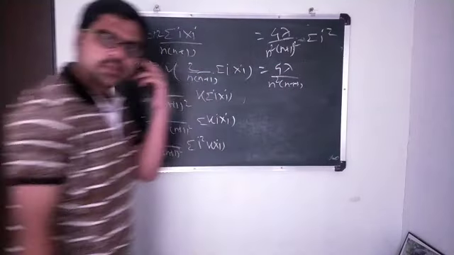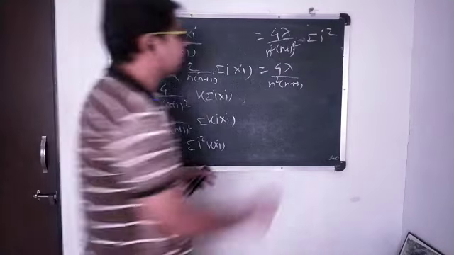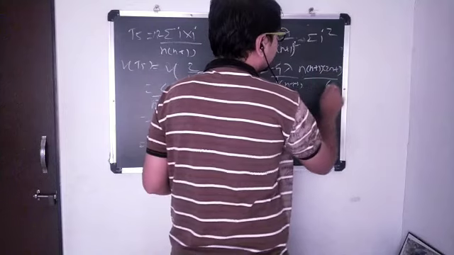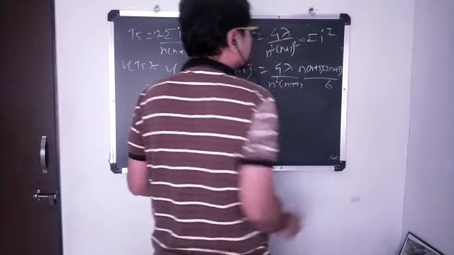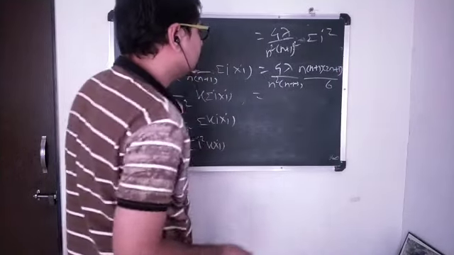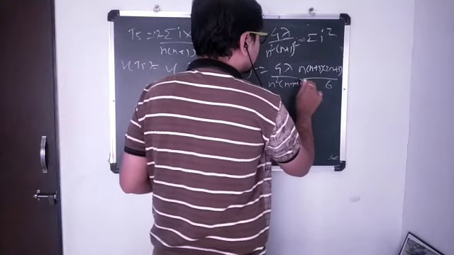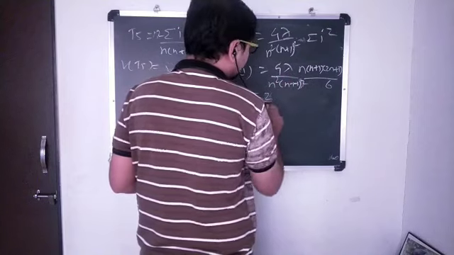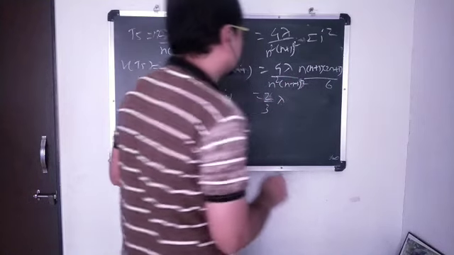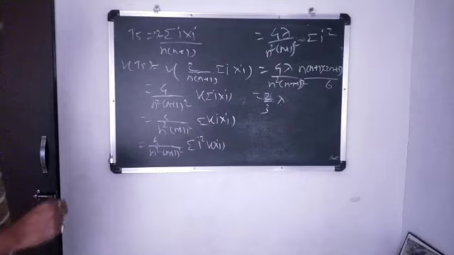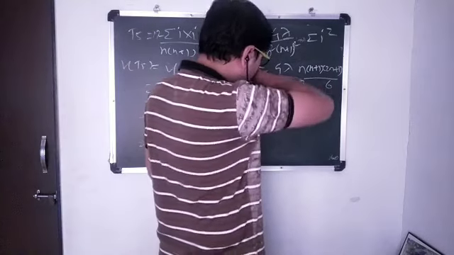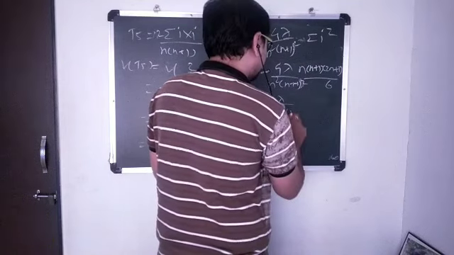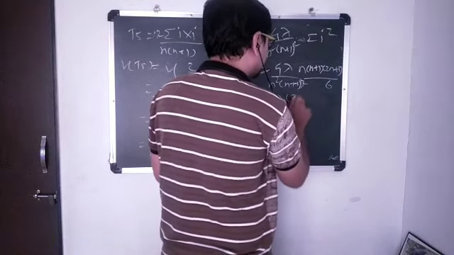The sum of squares of the first n natural numbers is n into n plus 1 into 2n plus 1 divided by 6. With n plus 1 whole square here, it becomes 2 by 3 lambda into, n gets cancelled, lambda upon n divided by n plus 1 into 2n plus 1.